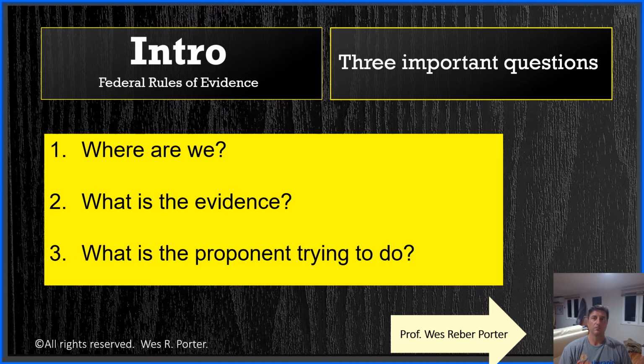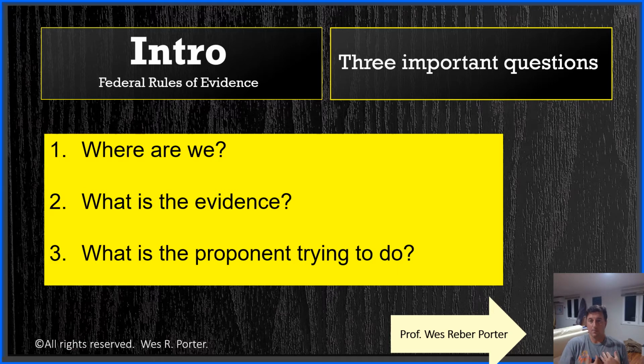So much of what we go through in an evidence course is making arguments on both sides, arguing essentially what is the proponent, the one that's standing up, presenting, putting on evidence, trying to do?